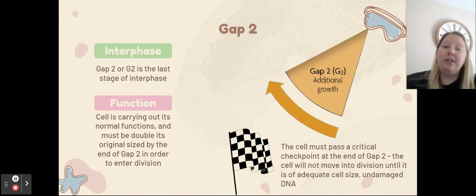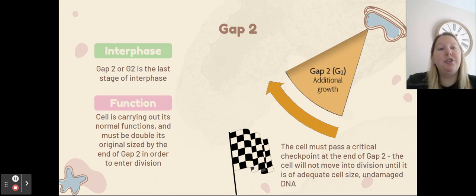Our last piece of interphase is called gap 2. Gap 2 is the last phase of interphase, and it's where the cell must double in size. The cell continues to carry out its additional functions, and it prepares itself for division. The critical checkpoint at the end of gap 2 says that the cell is of adequate size.